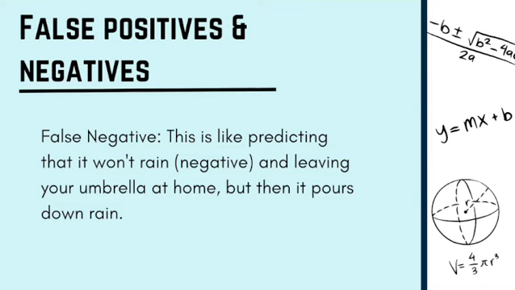In terms of predictive validity, a false negative occurs when your prediction suggests something won't happen, like a student won't perform well in grad school based on their GRE scores and GPA, but in reality, they do perform well.